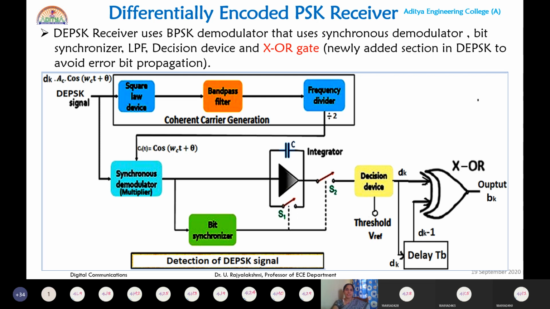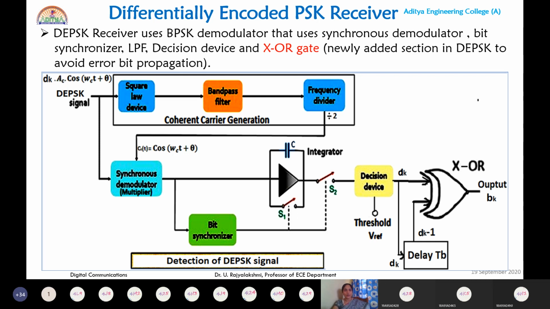Now please observe the DEPSK receiver section carefully. What is the input to the circuit? Noisy DEPSK transmitted signal. All as usual for the BPSK receiver, but here the data is dk, instead of bipolar, we got it as unipolar.